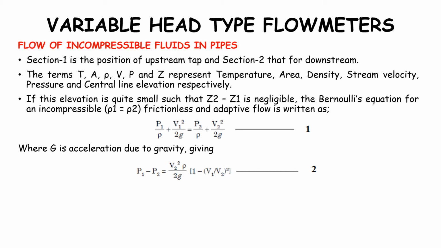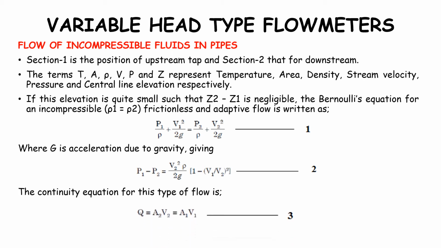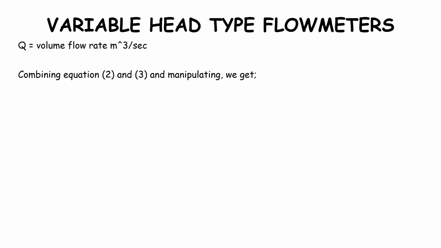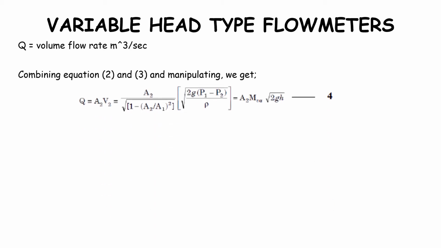We're just rearranging the expression and writing it. The continuity equation for this type of flow is given by Q is equal to A2 V2 is equal to A1 V1, where Q is the volume flow rate in meter cube per second. Combining equations 2 and 3 and manipulating, we get the expression like this.